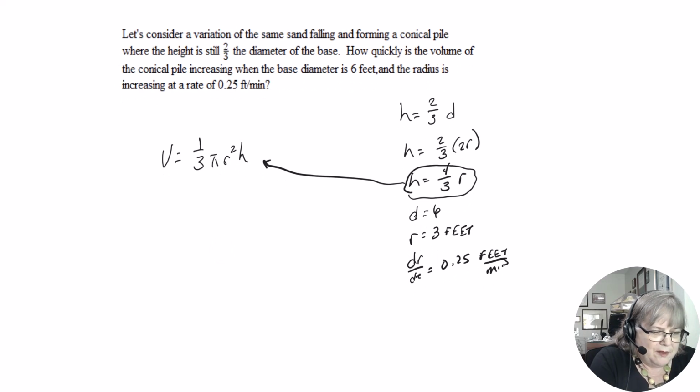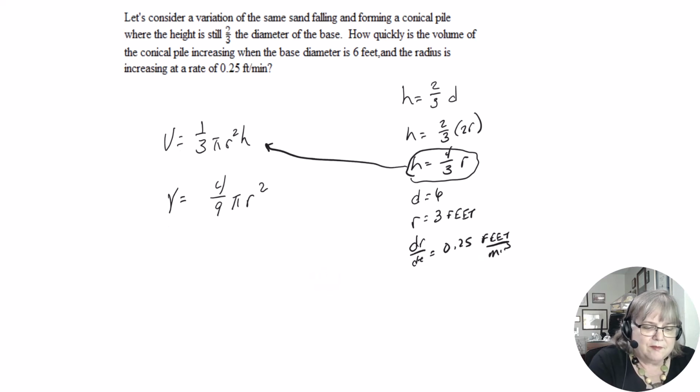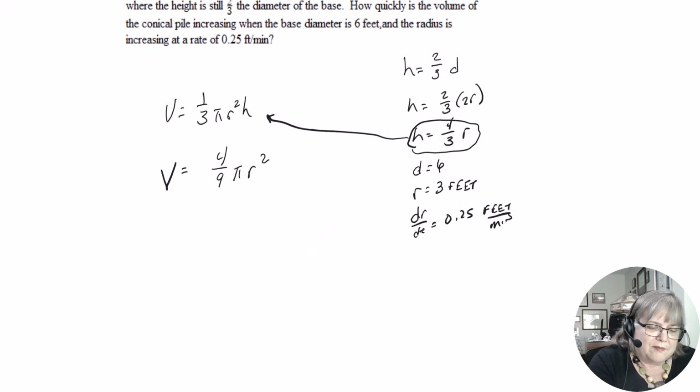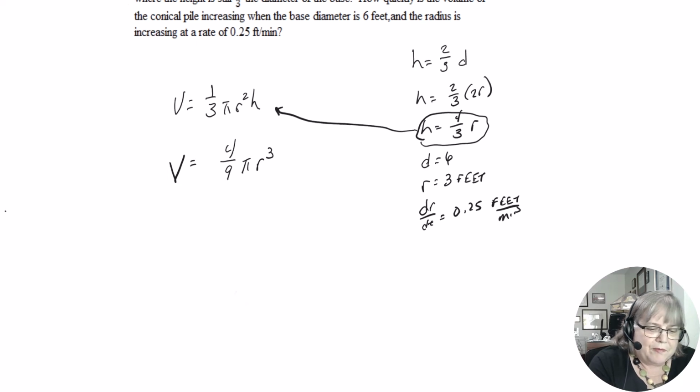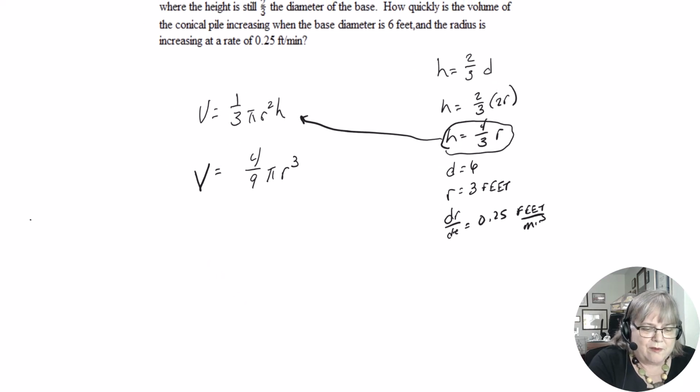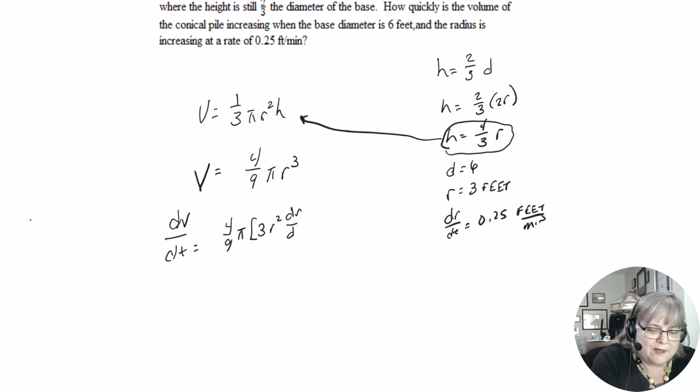And after we cleaned it up, we got v is equal to 4/9 pi r cubed. All right. Now, so when we take the derivative of this with respect to time, we have 4/9 pi times 3 r squared dr dt.